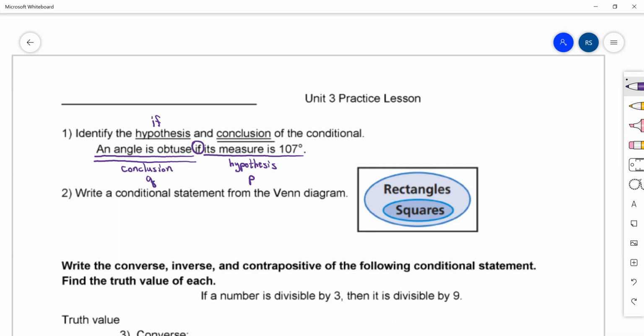So the statement says an angle is obtuse if its measure is 107 degrees. So that if tells me, hey, here's the hypothesis. I'm about to say it. Listen up. So our hypothesis is its measure is 107. The conclusion is an angle is obtuse.